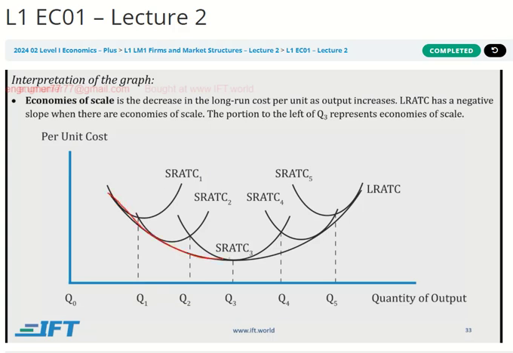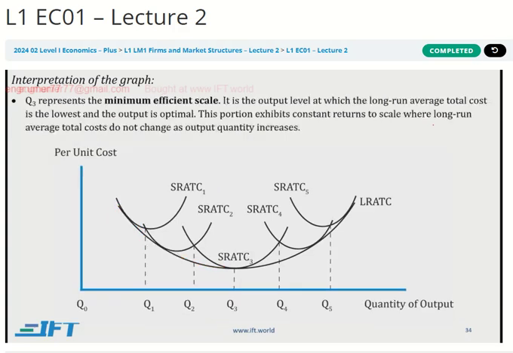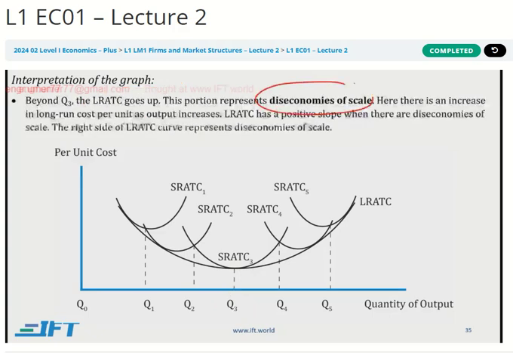And then obviously this is optimized at Q3, which represents your minimum efficient scale. And then beyond that, you're going to get diseconomies of scale, where it starts going up to the right of Q3.